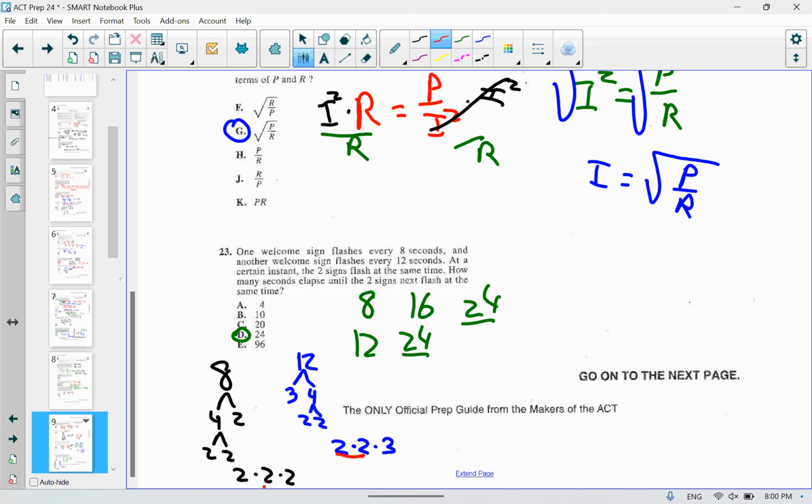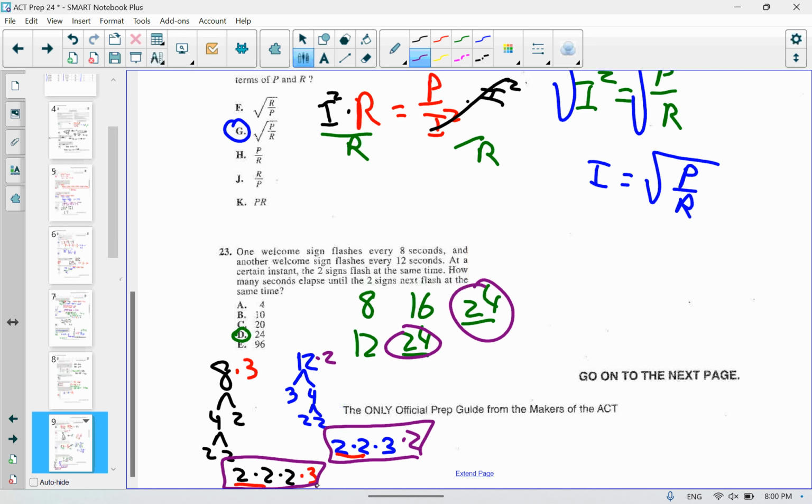They both have two 2s, but the 8 is missing this 3, so I'd have to multiply 8 by 3. And the 12 is missing the third 2, so I can multiply that by 2. Well, what is 8 times 3? 24. What is 12 times 2? 24. And now my chains are the exact same.